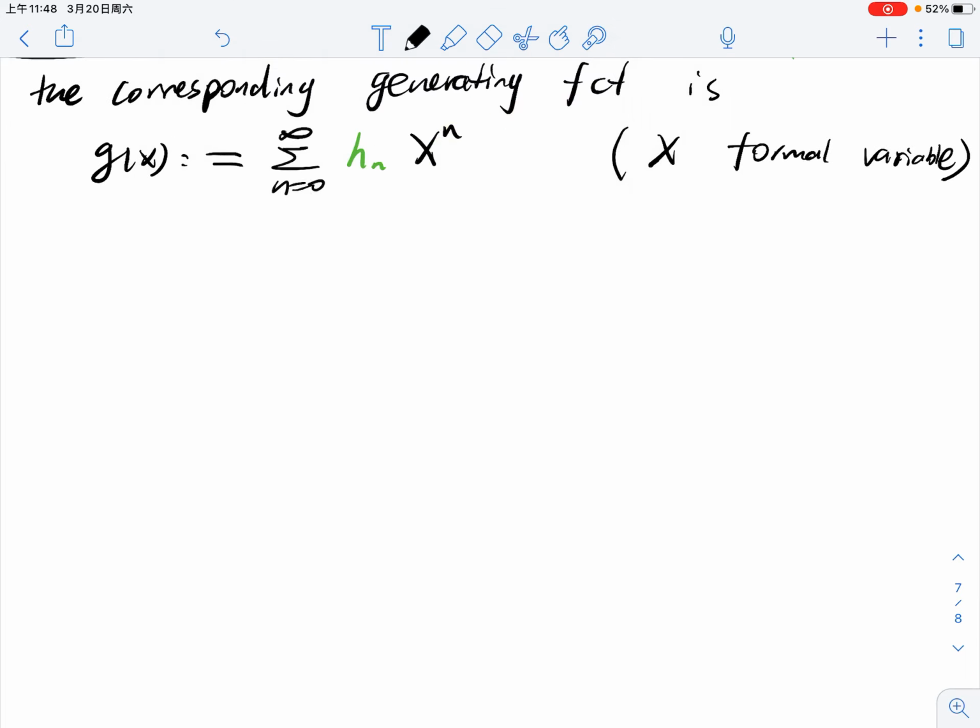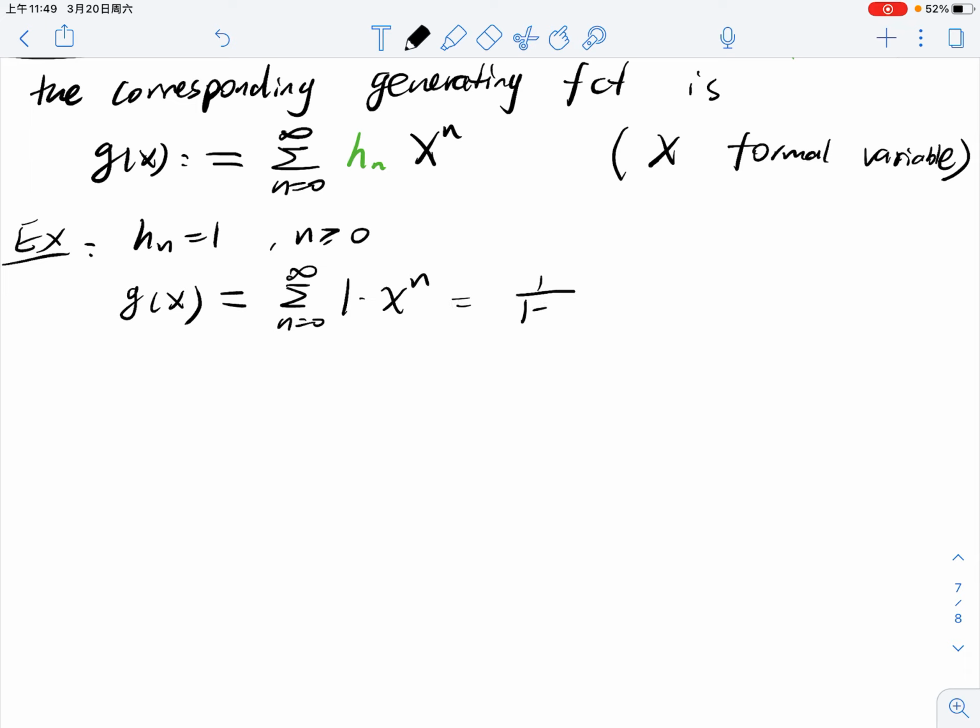Okay, and now let's look at some easy examples. Suppose Hn is 1, and what do you have? You have your generating function, then is summation of 1 times x to nth power, which is 1 over 1 minus x. Okay, here, of course, this formula should be understood in this way.